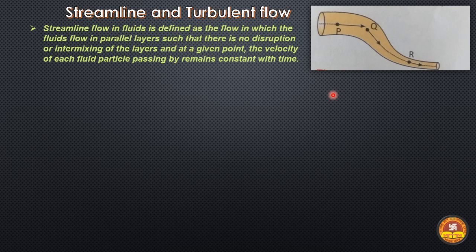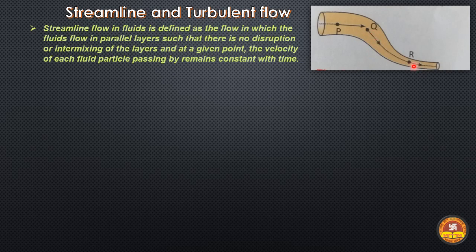Now in this figure you can see a streamlined motion, in which the velocities of fluid at any particular instant of time at the points P, Q and R on the line of flow AB are V1, V2 and V3 respectively. That means the velocity at P is V1, velocity at Q is V2 and velocity at R is V3.